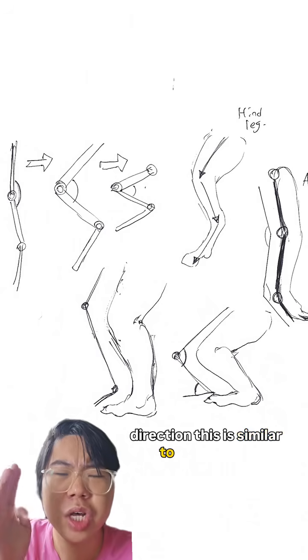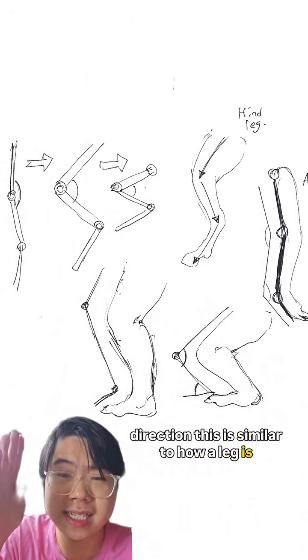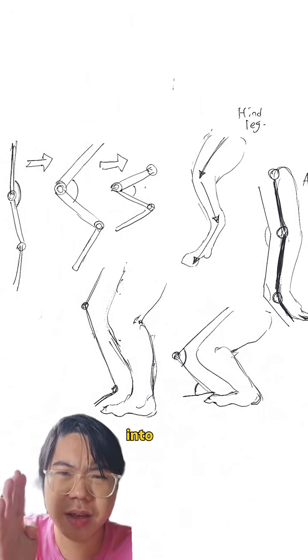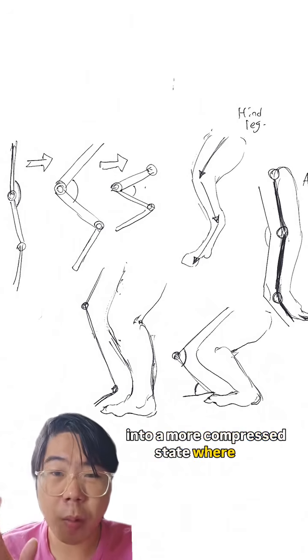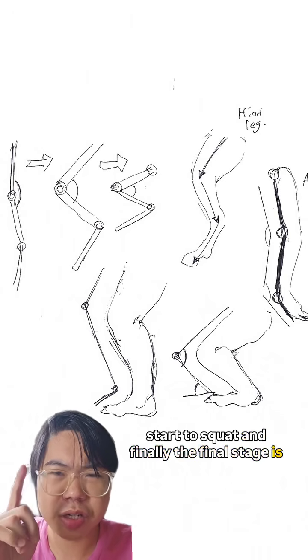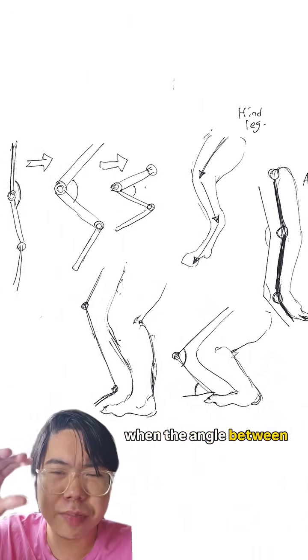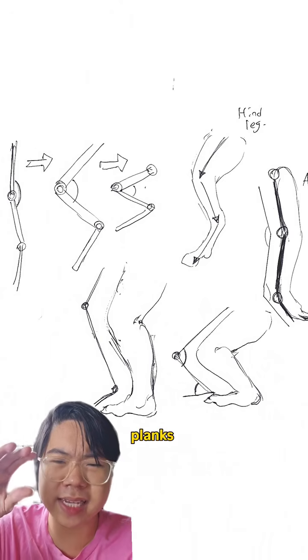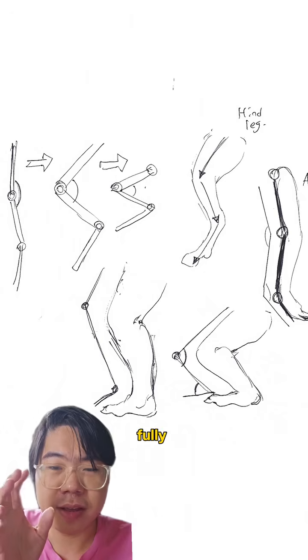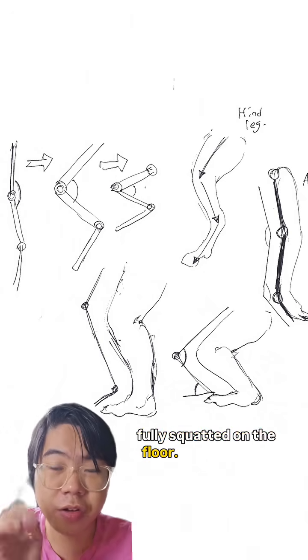This is similar to how a leg is standing vertically upright. Then it can transit into a more compressed state where we start to squat. And finally, the final stage is when the angle between all the hinges of the planks gets so small, the human leg is virtually fully squatted on the floor.